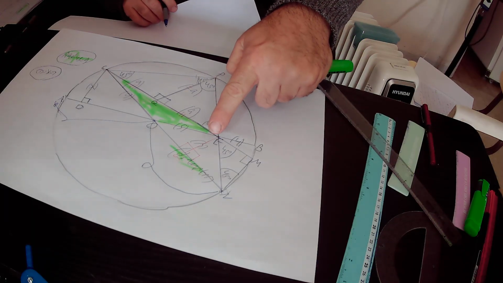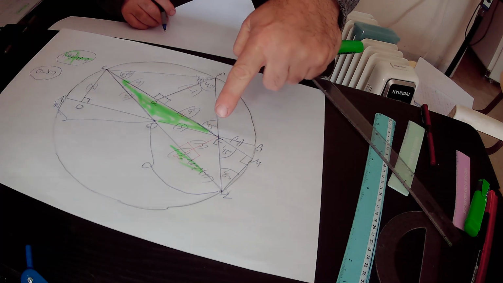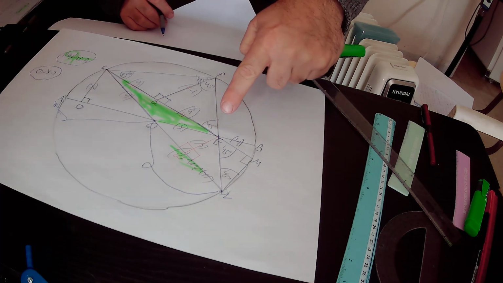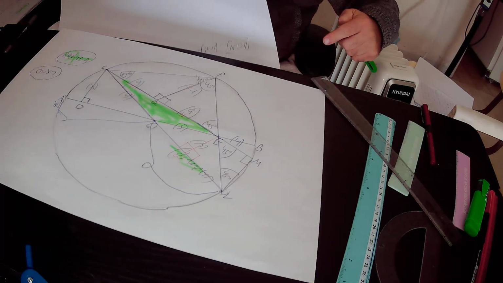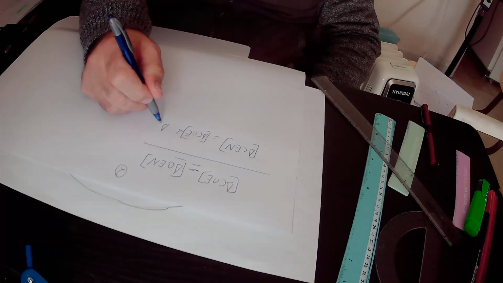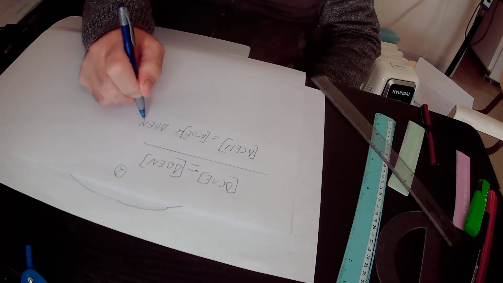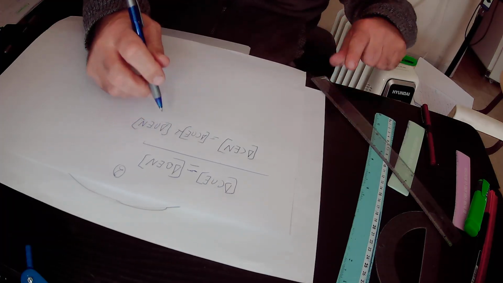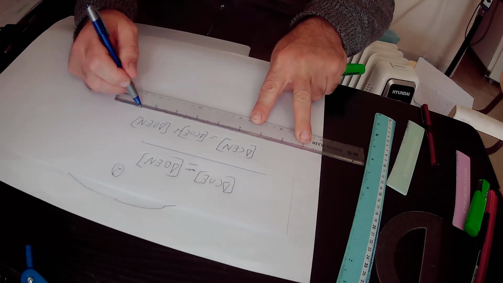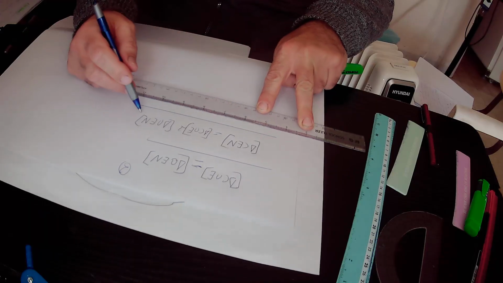The second component is the lower triangle OEN. So the area of the big triangle CEN equals the area of the green triangle COE plus the area of the lower triangle OEN.